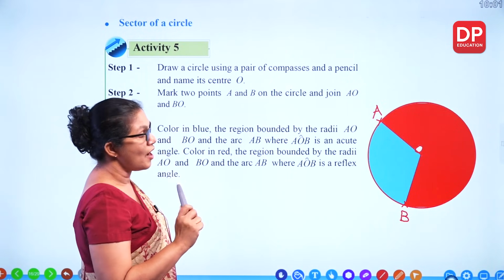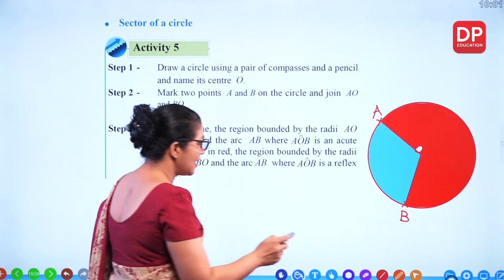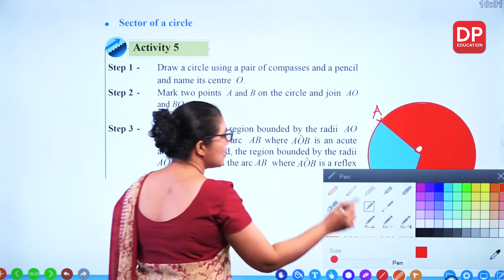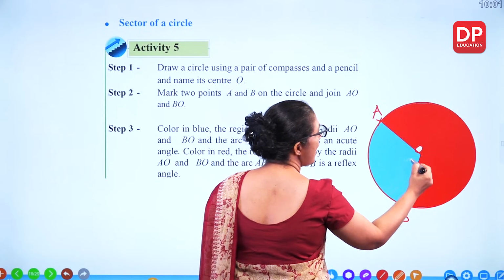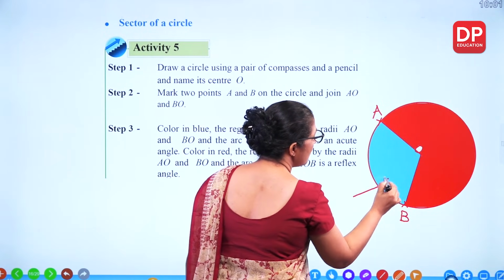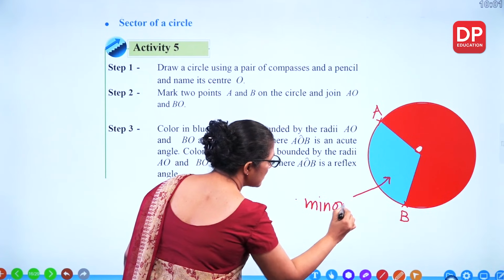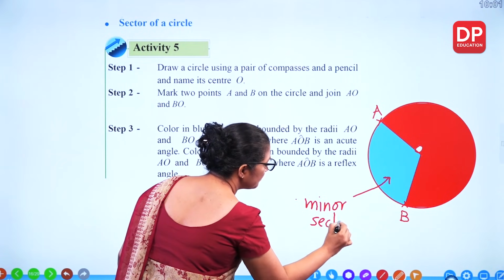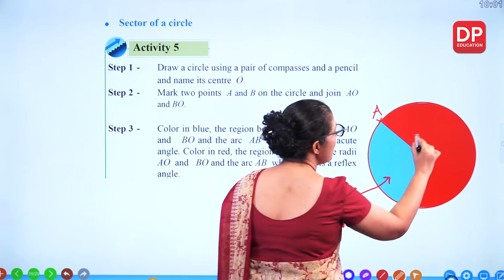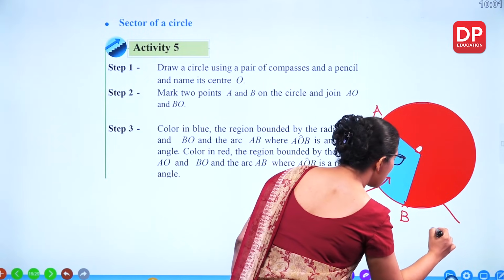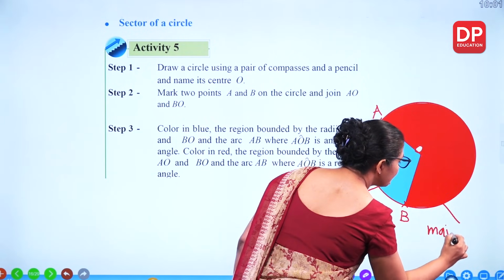So now we get sectors. When you get an acute angle, we say this is a minor sector, and when you get the reflex angle, we call it a major sector.